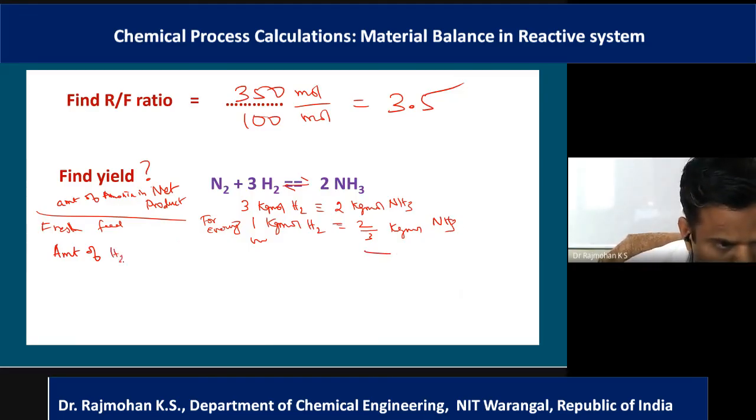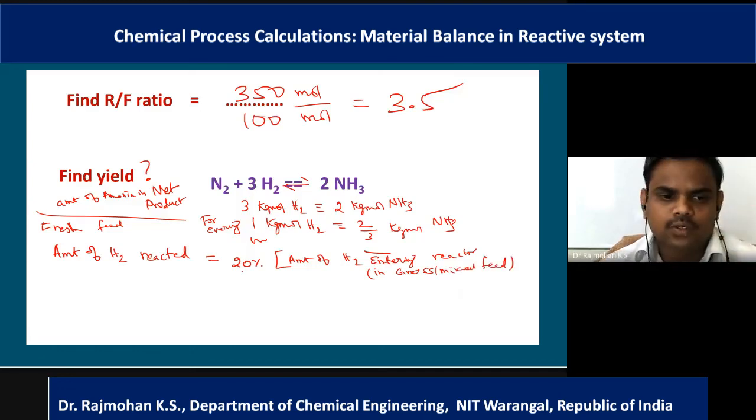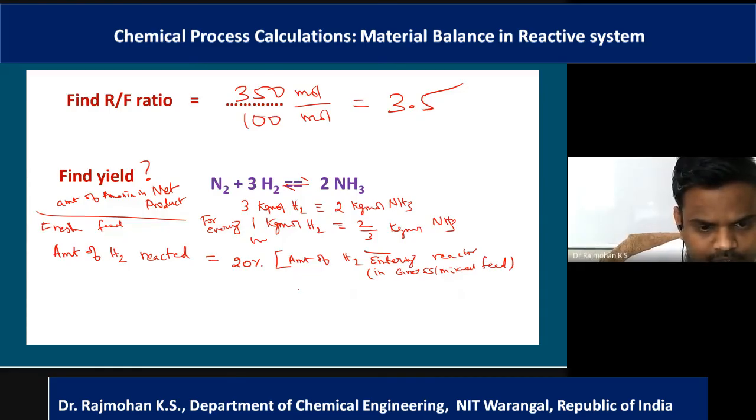So the amount of hydrogen reacted is equal to only 20% of the amount of hydrogen entering the reactor. I can say the amount of hydrogen in the gross feed or mixed feed, right? For this value we have fresh feed having 75, plus recycled stream having 0.75 r.